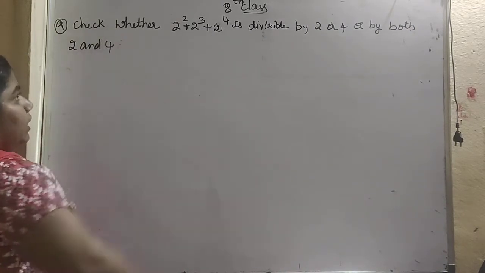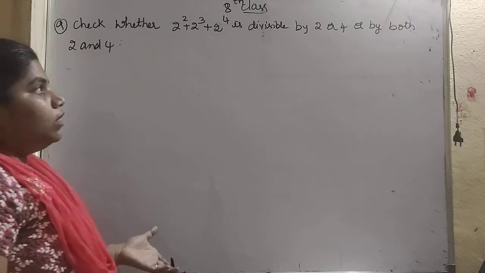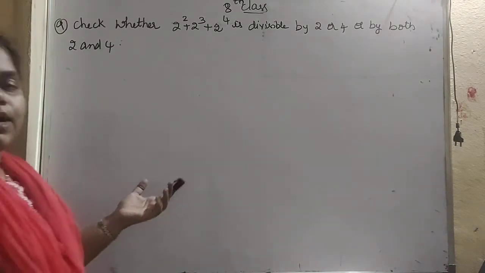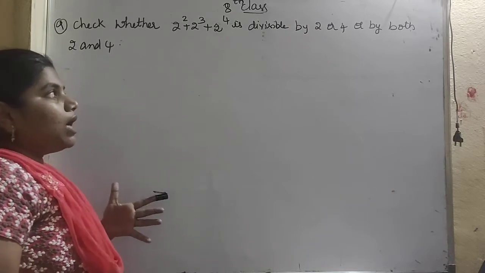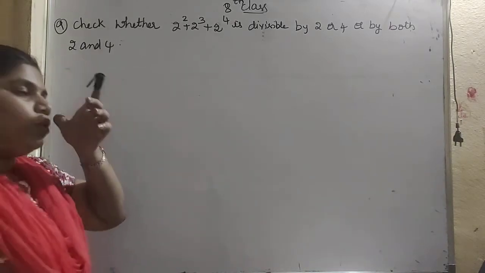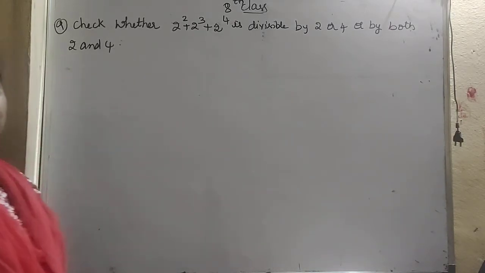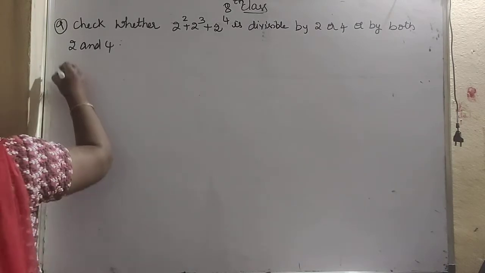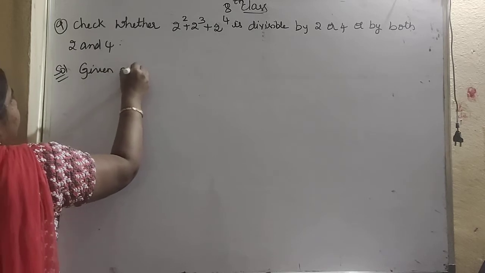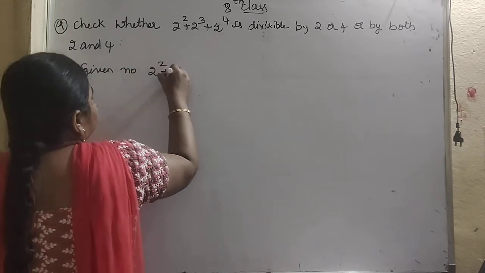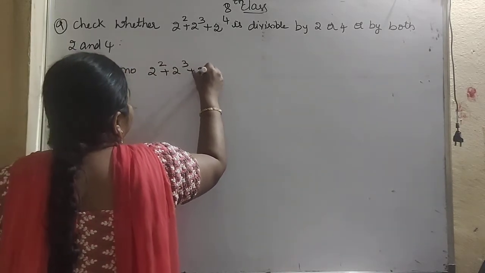So individually, whether it is divisible by 2 and whether it is divisible by 4. If both are divisible, both the values are divisible with that given number, we have to find. So here the given number is 2 power 2 plus 2 power 3 plus 2 power 4.